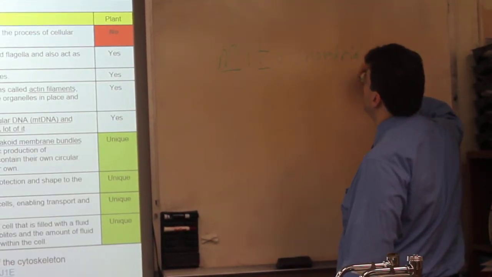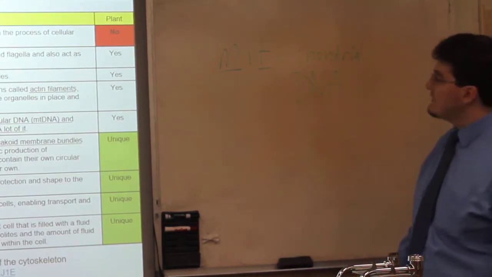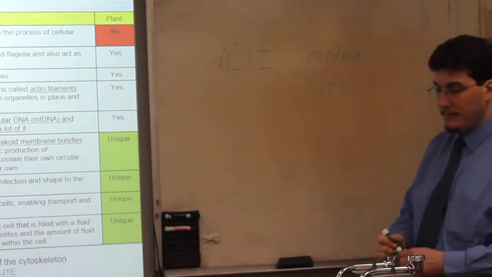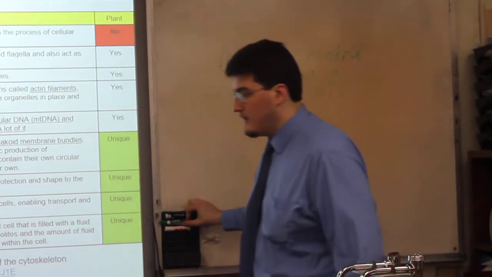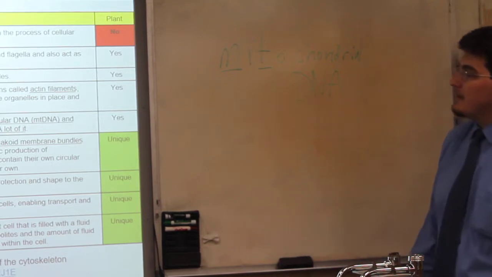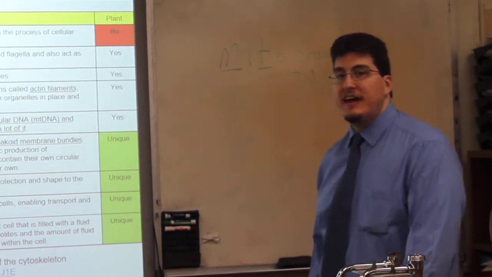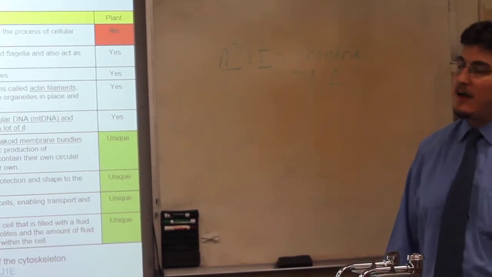Mitochondrial DNA. I hope that's visible, even though I wrote it in green. mtDNA. So, they are tasked with the production of ATP, and lots of it.